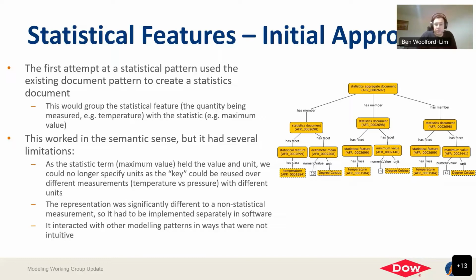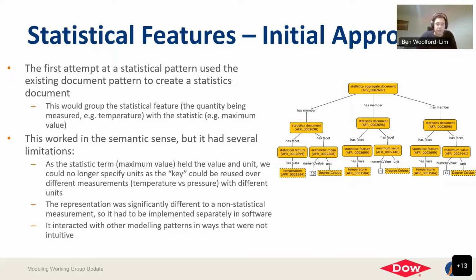One of which was the original approach meant that the value and unit ended up linked to that statistical term, so arithmetic mean or maximum value, instead of the quality being measured, temperature or pressure.